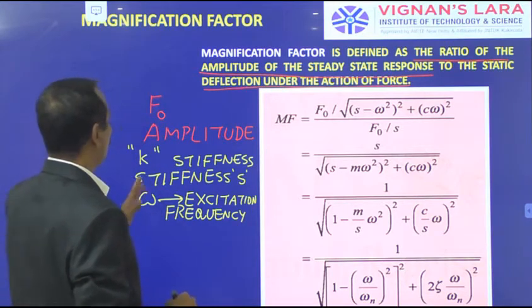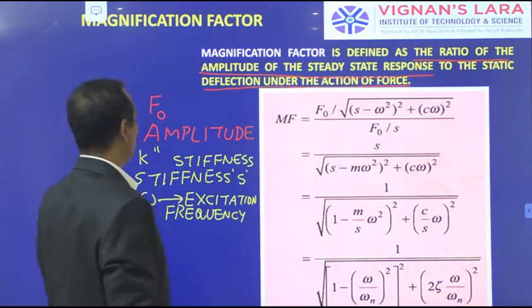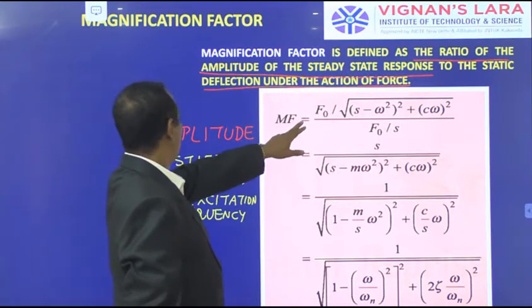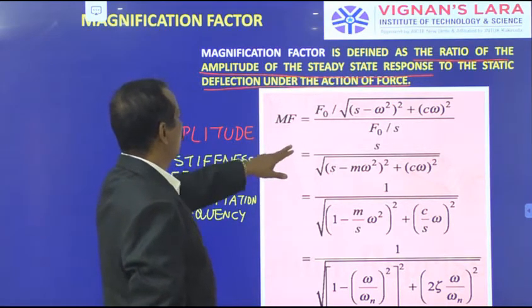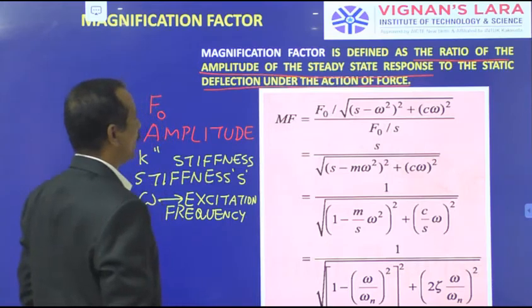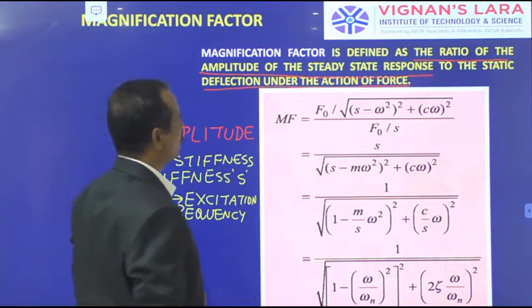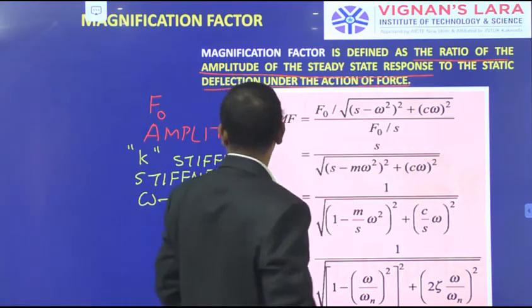So the amplitude is f naught by root of (s minus omega square) whole square plus (c omega) whole square.